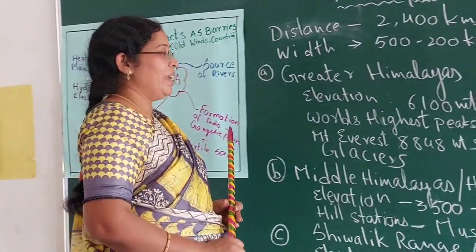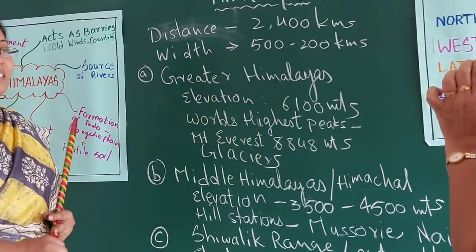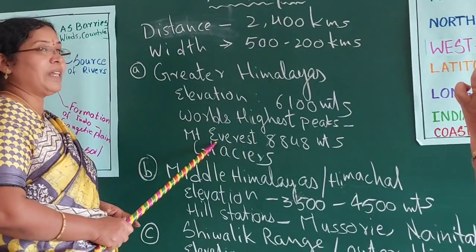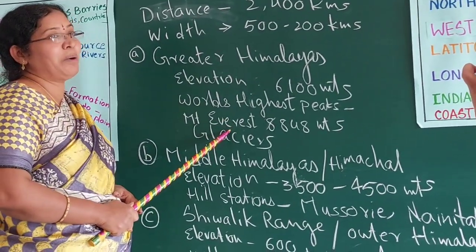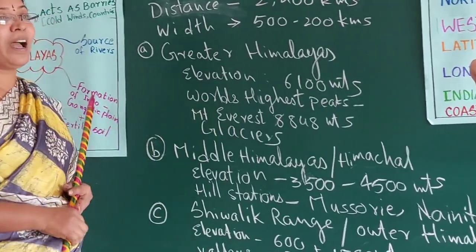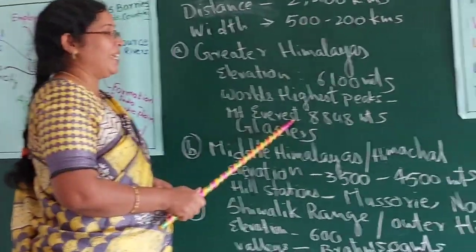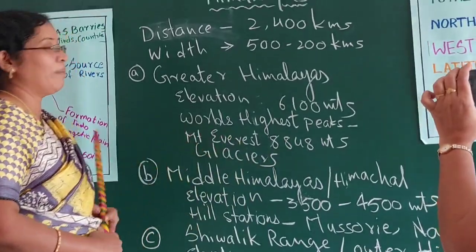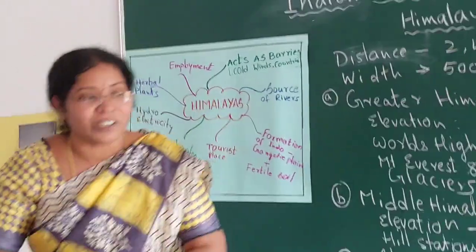In this region, you find the world's highest peaks such as Mount Everest, Kanchenjunga, Nanga Parbat. You all know that our students, Purna and Anand, have scaled Mount Everest. The total height of Mount Everest is 8,848 meters. You also find glaciers.